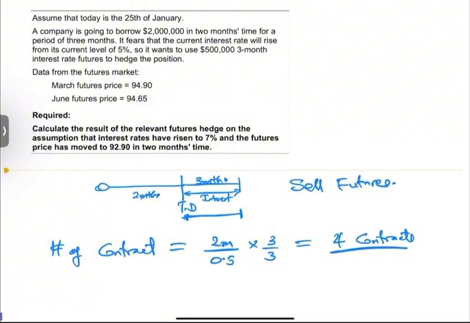Your transaction date will be towards end of March because in 2 months' time, today is 25th of January. So in 2 months' time, you are talking of 25th of March, actually. So the closest future will definitely be your March future. Makes sense. So the future that we are selling will be March future.